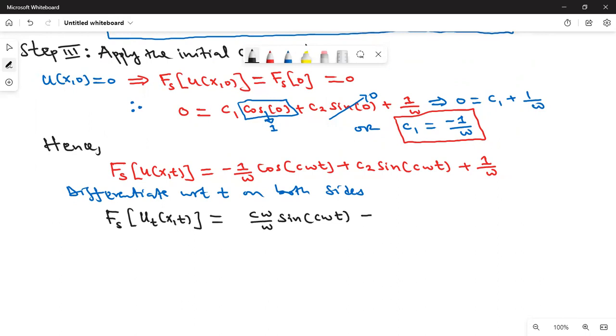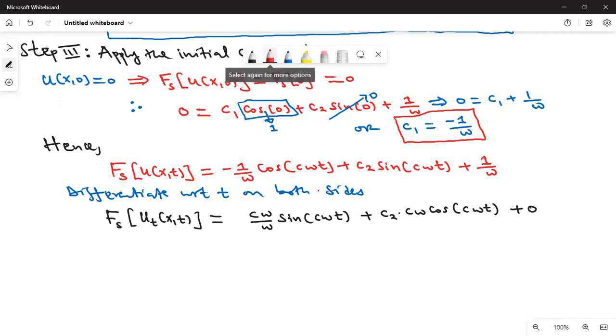The other one, differentiate sine, you get cosine. So we have C2 times c omega cos c omega t, and the other one is a constant, which when you differentiate, you get 0, which I don't even need to write.